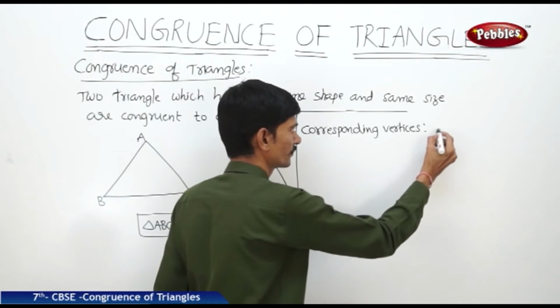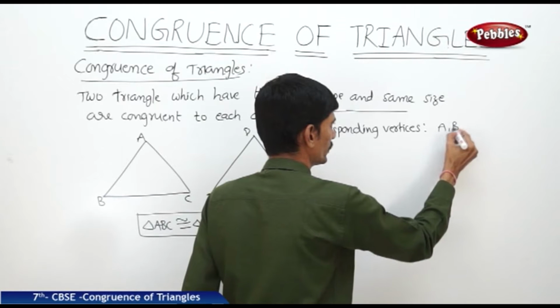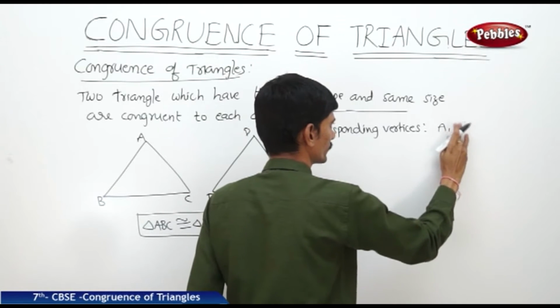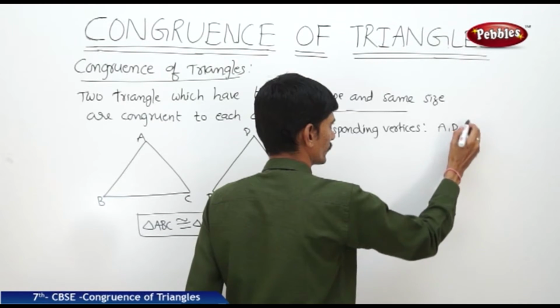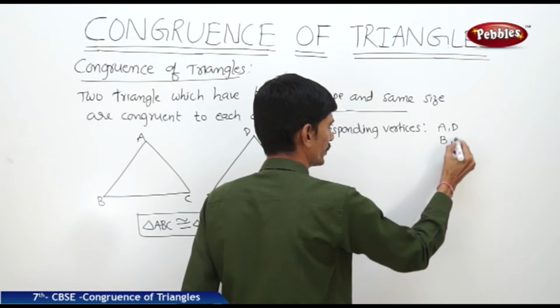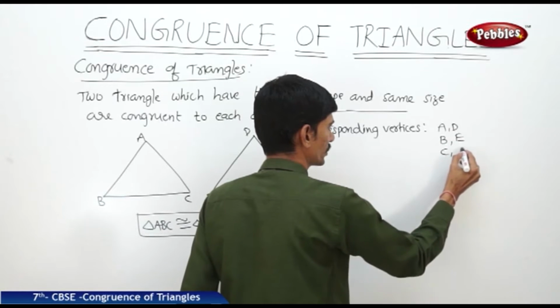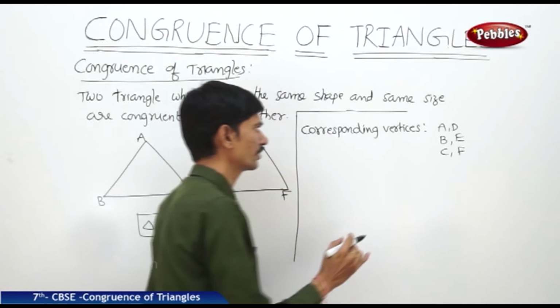So here we can write A comma D, next B comma E and C comma F. So these are the corresponding vertices.